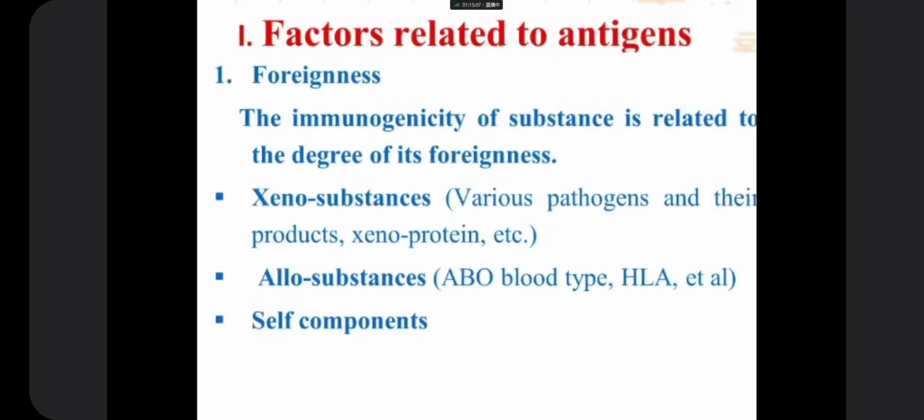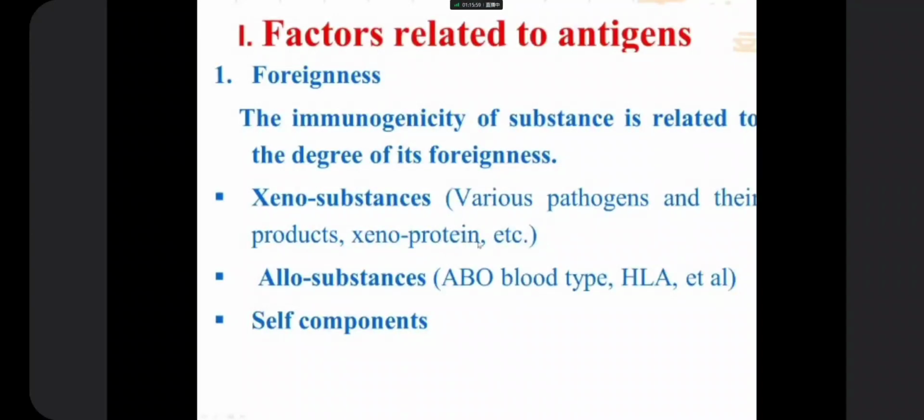According to the degree of its foreignness, substances can be classified into three groups. The first is xenosubstances. Examples include various pathogens and their products, and xenoproteins.